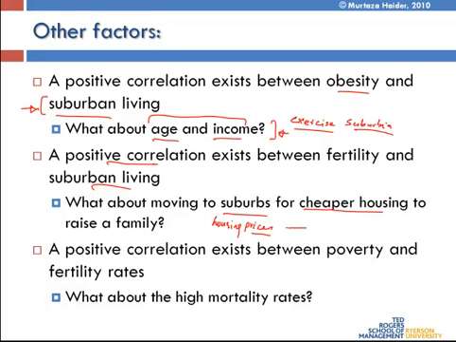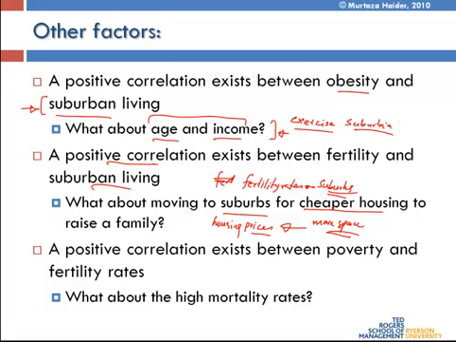It's just that housing is cheaper and households need more space to raise a family, so younger households move out to the suburbs in search of cheaper housing. So if you want to know whether other factors are influential other than just suburbs, you need to run a regression model to control for that.